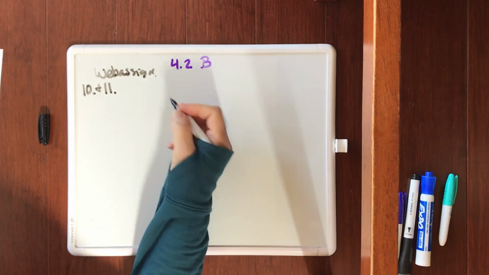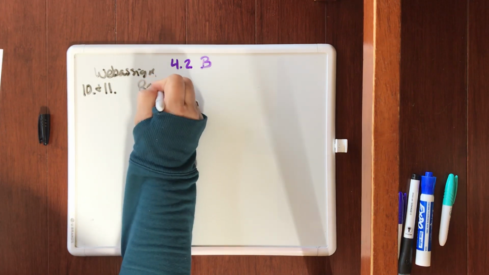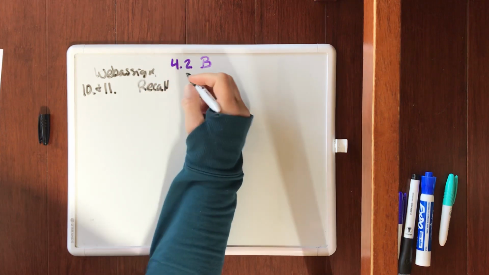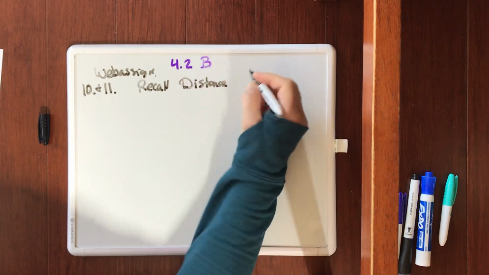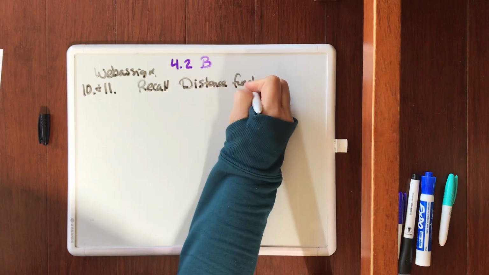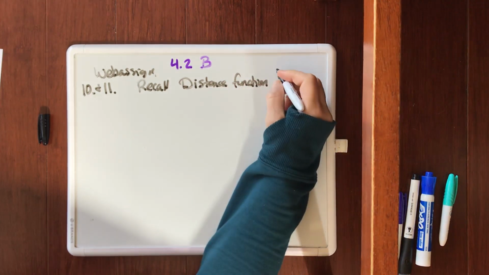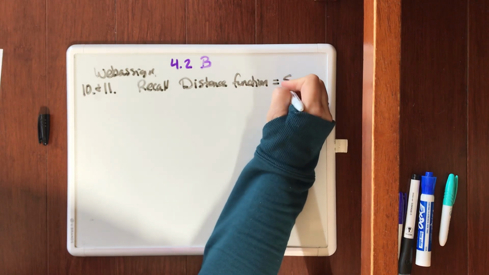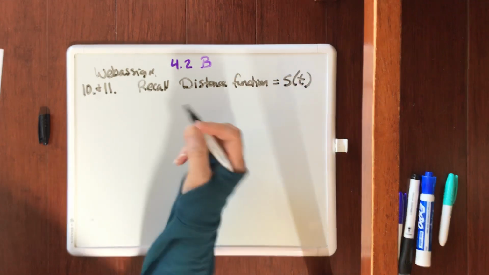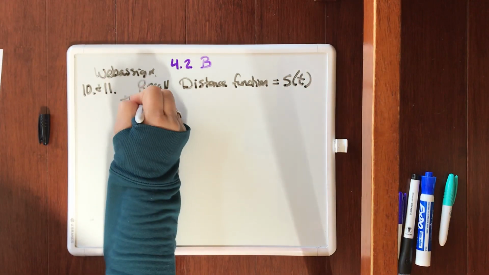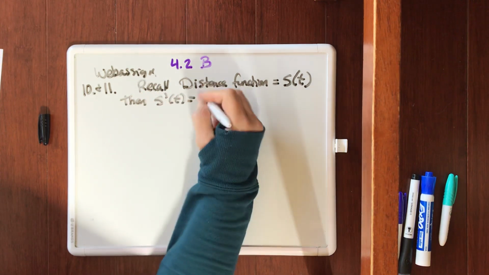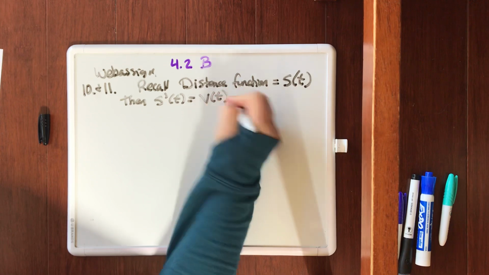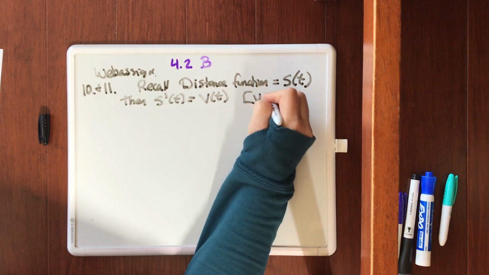Okay, so recall the distance function. If the distance function equals s of t, then remember s prime of t equals v of t, and remember v of t is the velocity.